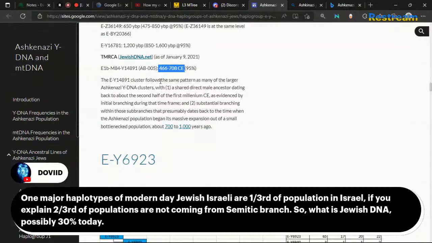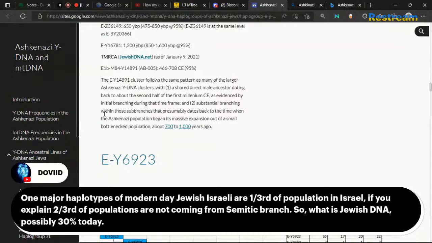But it says on this E group that the cluster follows the same pattern as many of the large Ashkenazi Y DNA clusters, right? Just saying that they share direct male ancestral dating, dating back to the first half or the second half of the first millennium, AD or CE, right? As evidenced by its branching and everything.